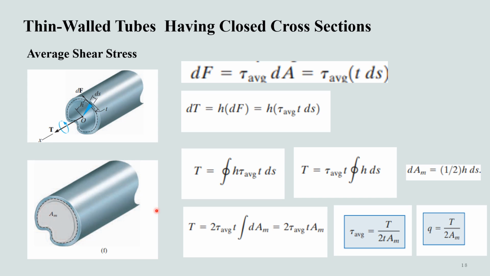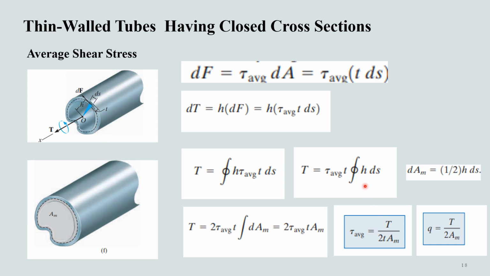Since the shear flow q, equal to tau average times t, is constant, it can be factored out of the integral. A graphical simplification can be made for evaluating the integral by noting that the mean area shown by the blue colored triangle in this figure is dAm equal to 1/2 times h times ds.